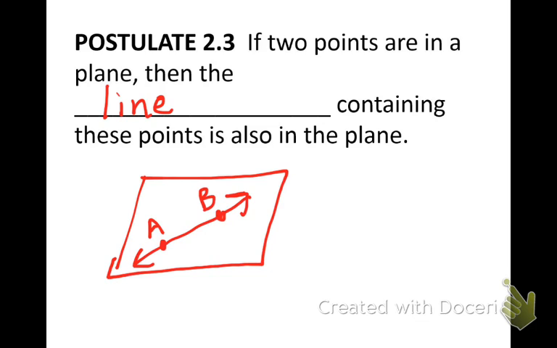So line EB is in that plane. The plane contains the points A and B, so the line AB is also in the plane.